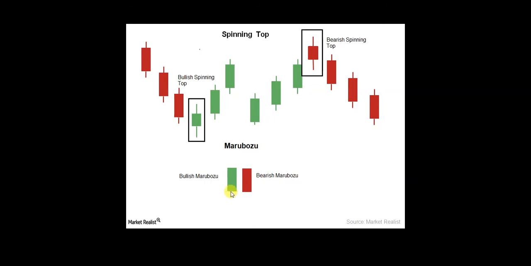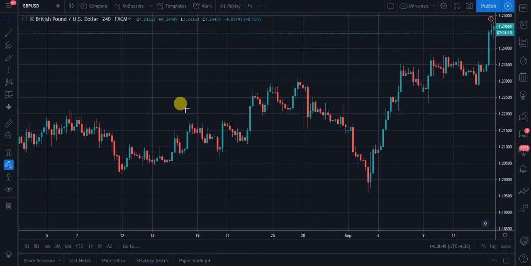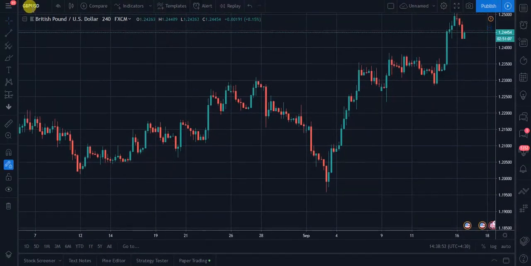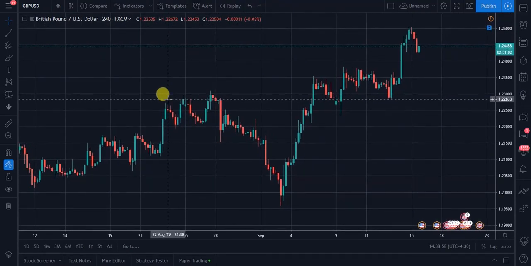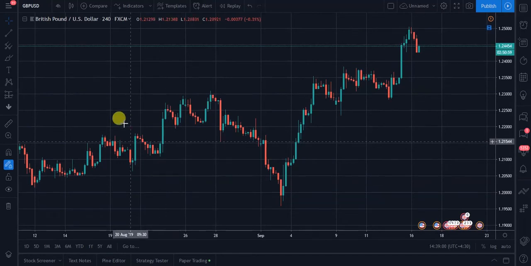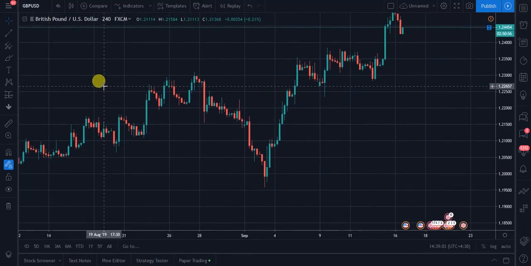But in bearish Marubozu, for example, the price opens here, the high is the same as the open, and the low is the same as the close price. So let's go to a real chart, GBP USD 4 hour. Yeah, I can show you some examples in the real chart.